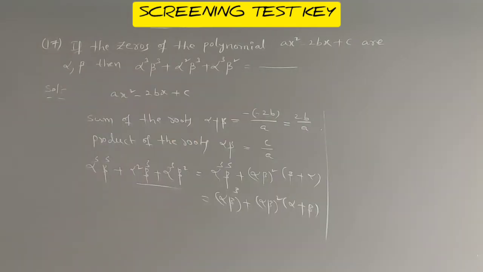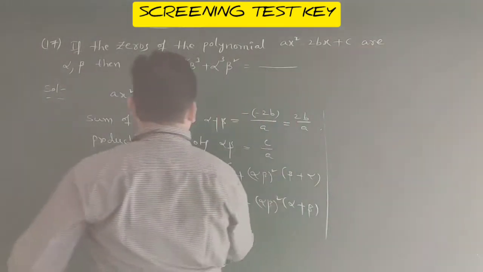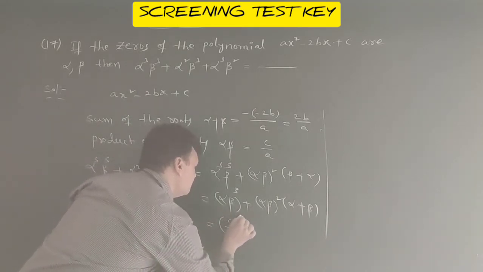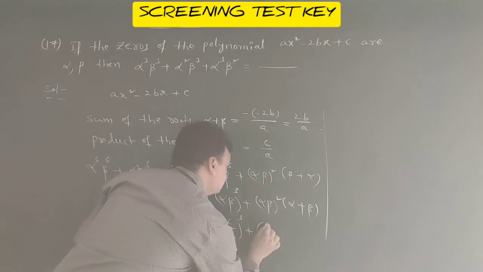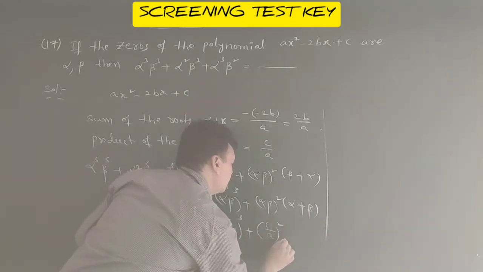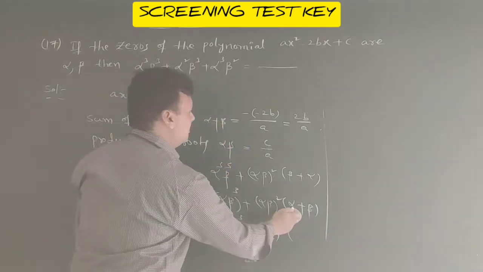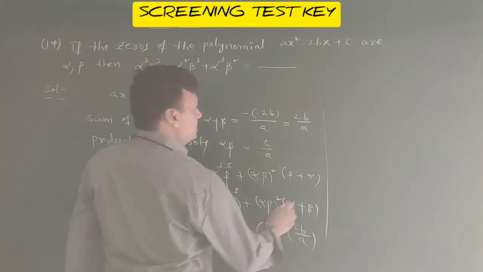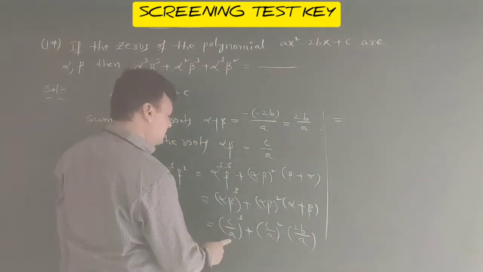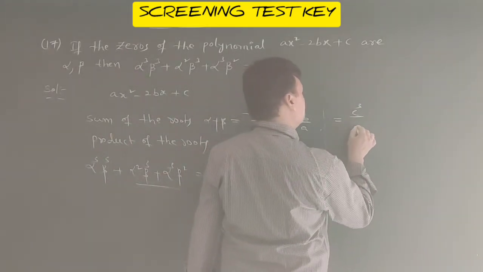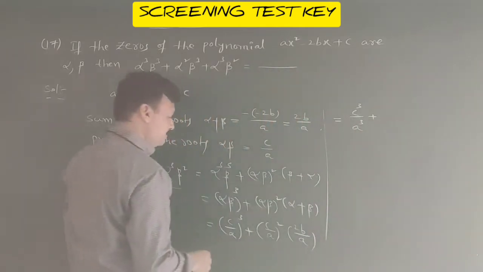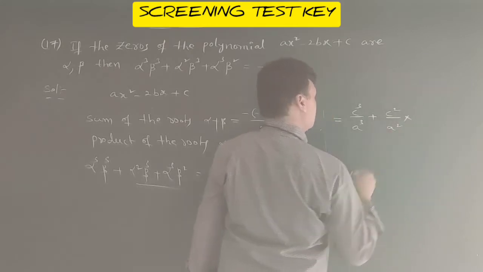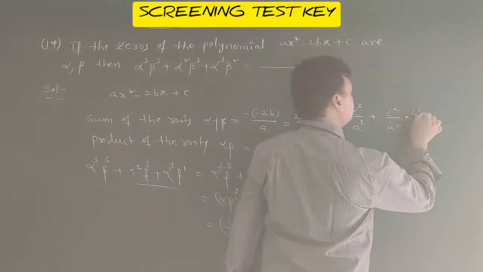We'll continue here. Alpha beta means c by a whole cube plus c by a whole square, alpha plus beta means 2b by a. Now c cube by a cube plus c square by a square into 2b by a.